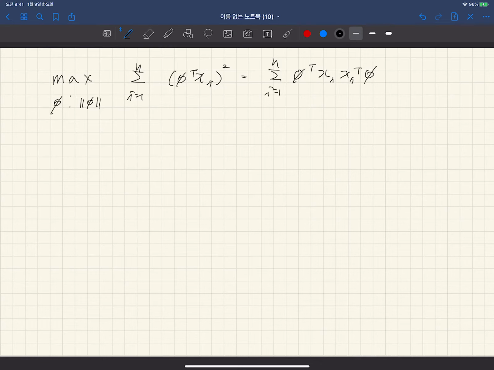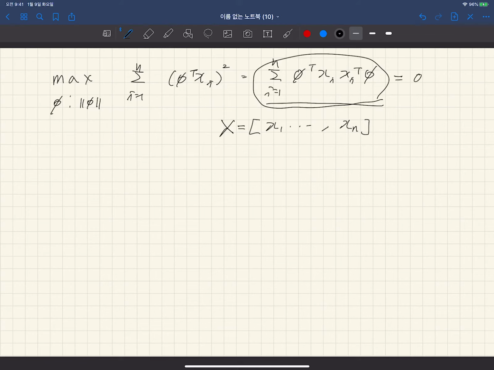Very interestingly, when you define a matrix X using this, this term is equivalent to p transpose X X transpose p.